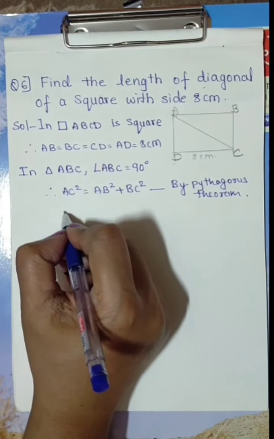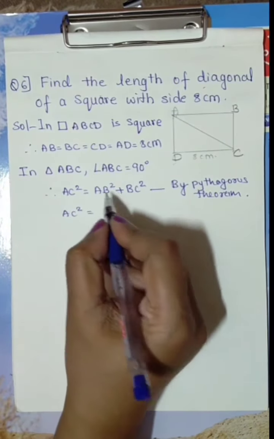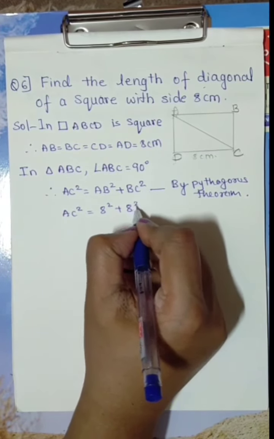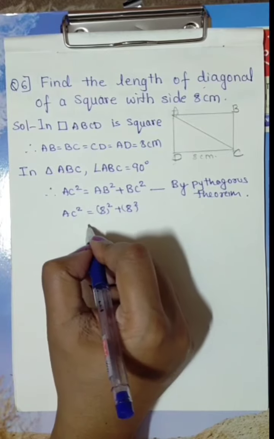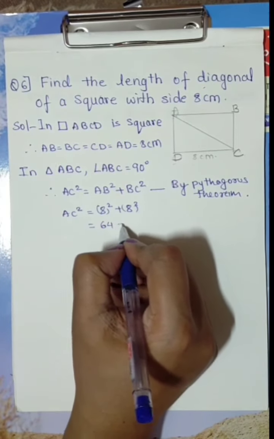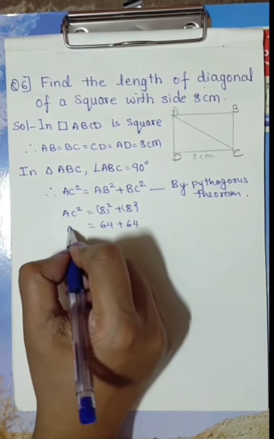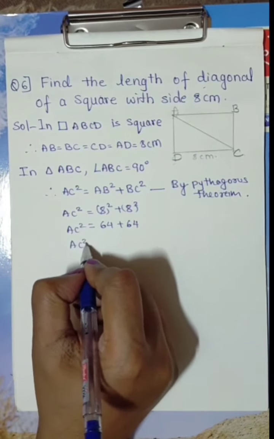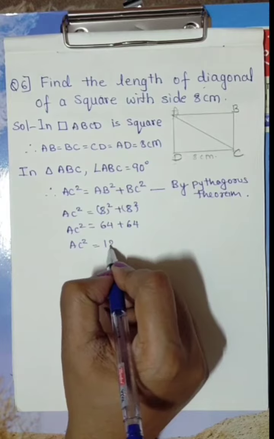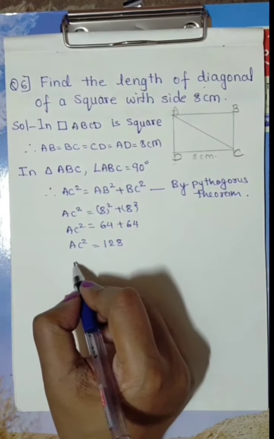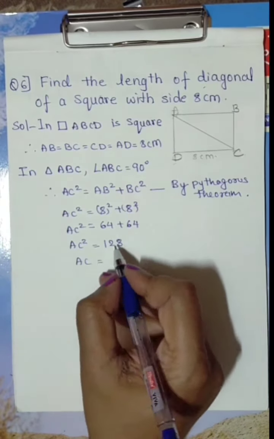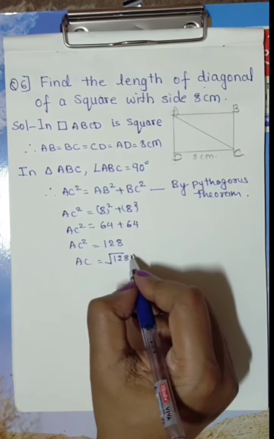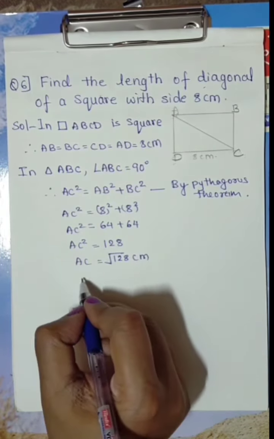So I am writing here AC square is equal to, AB is given 8 square, BC is also 8 square. So 64 plus 64 will come. AC square is equal to 128. Now we'll take the square root.